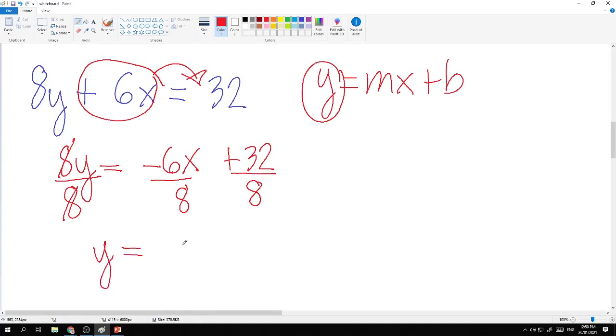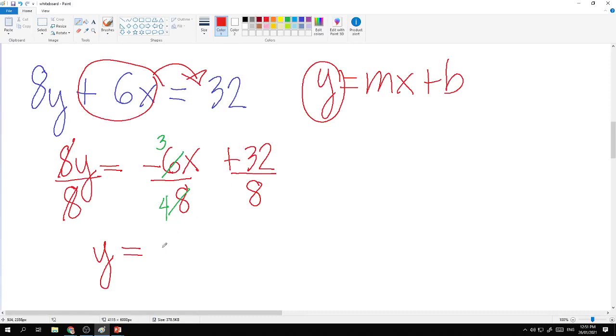Now, let's reduce -6x over 8. What is common between 6 and 8? So this becomes 3, and 4. So what am I going to write here?